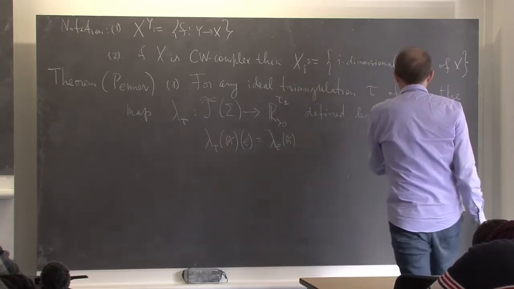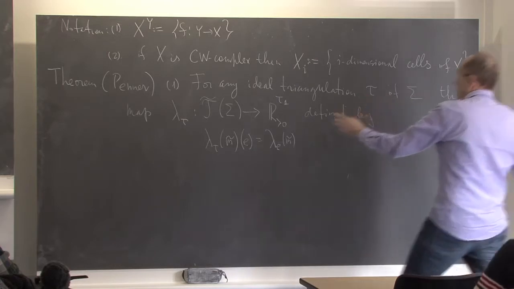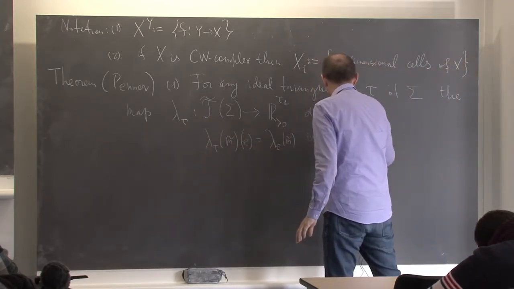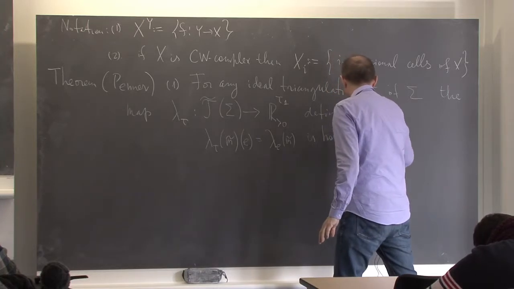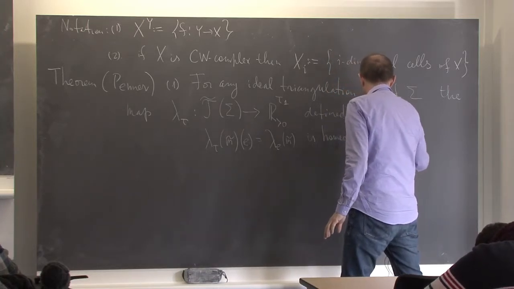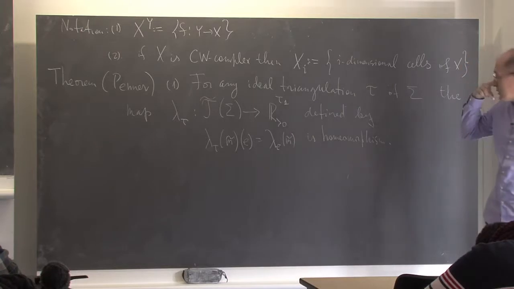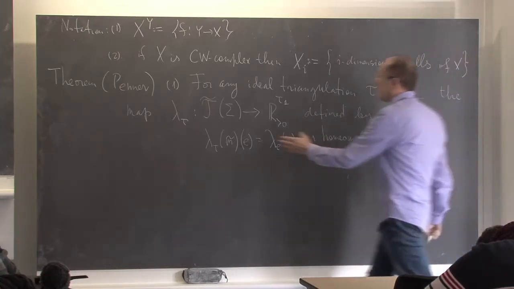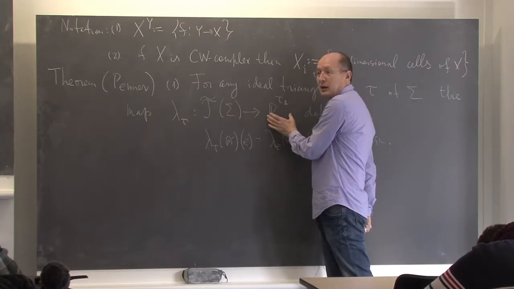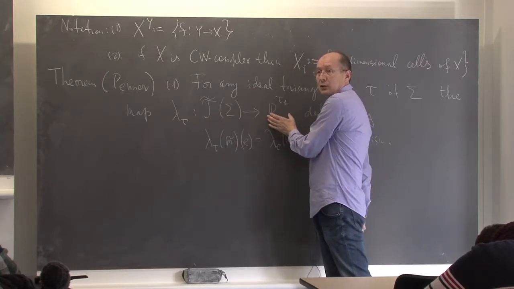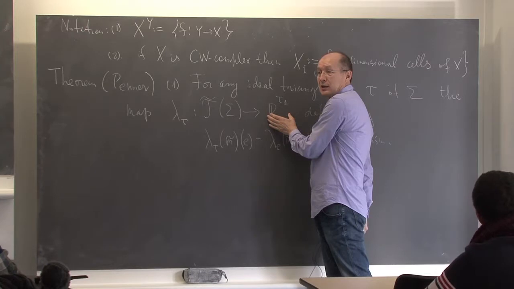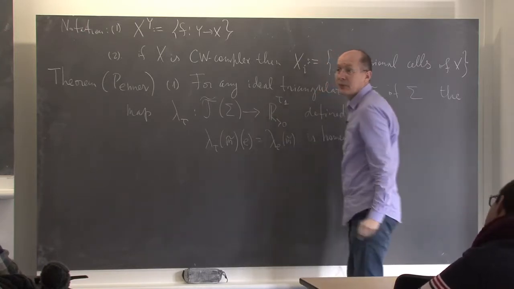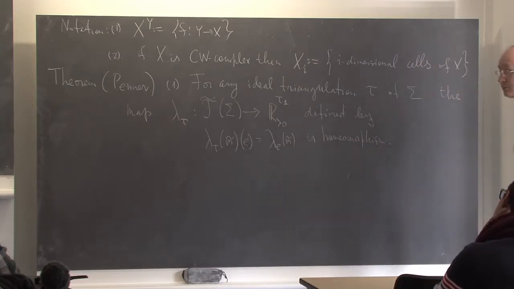And now the theorem tells that this map is a homeomorphism. In other words, this part of the theorem allows us to identify this space just by coloring of the edges of an ideal triangulation by positive numbers. And this is a bijection.